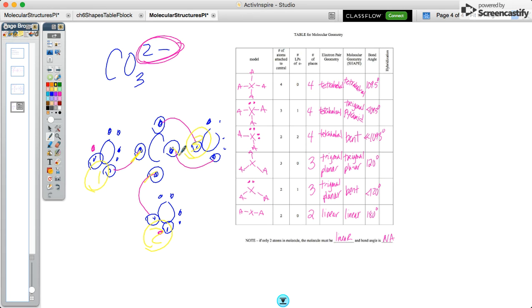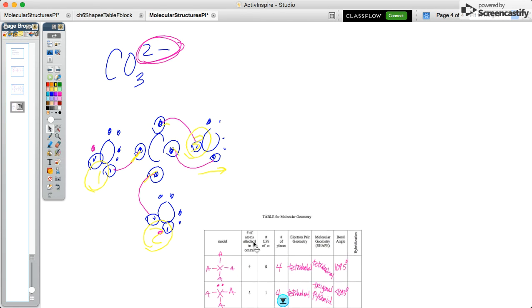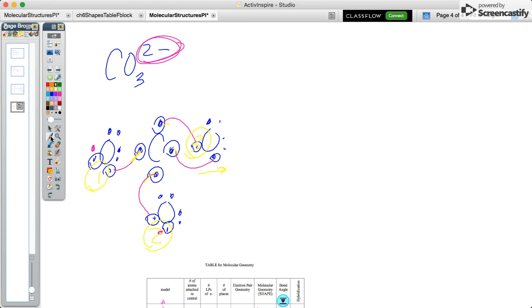That's bonding, that's bonding, that's bonding. So there's 3 atoms, no lone pairs. That means that I am here with this trigonal planar structure. I want to do that because now when I go to draw it, I've thought ahead about the space.